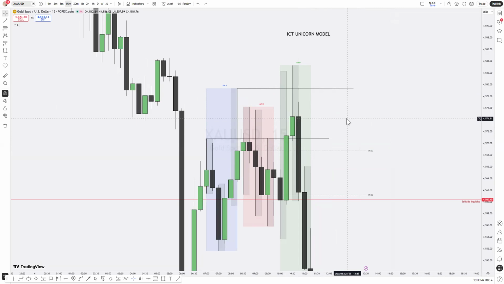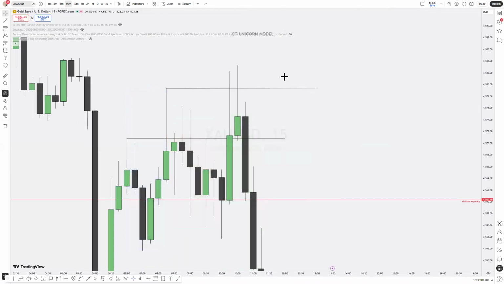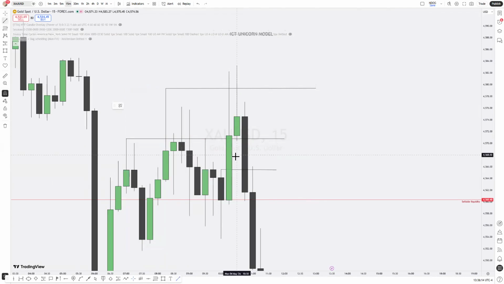When two fair value gaps overlap, a bullish fair value gap and a bearish fair value gap, that creates a balanced price range, and that's a very strong range. You would want to study on your own time when two fair value gaps overlap.